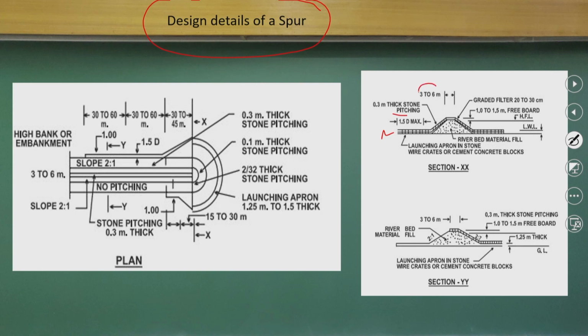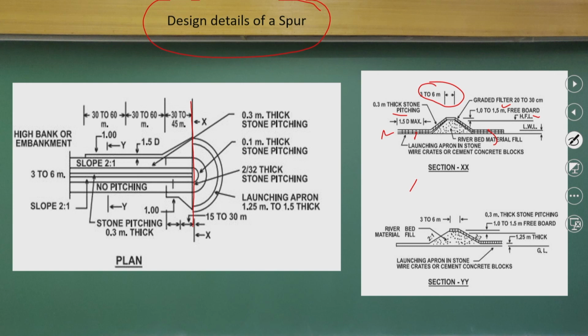This embankment could have a top width of 3 to 6 meters depending upon whether you are planning 1A or 2A routes, and you have a high flood level with a freeboard of 1 to 1.5 meters and a stone revetment on both sides, if you take a cross section at these points.